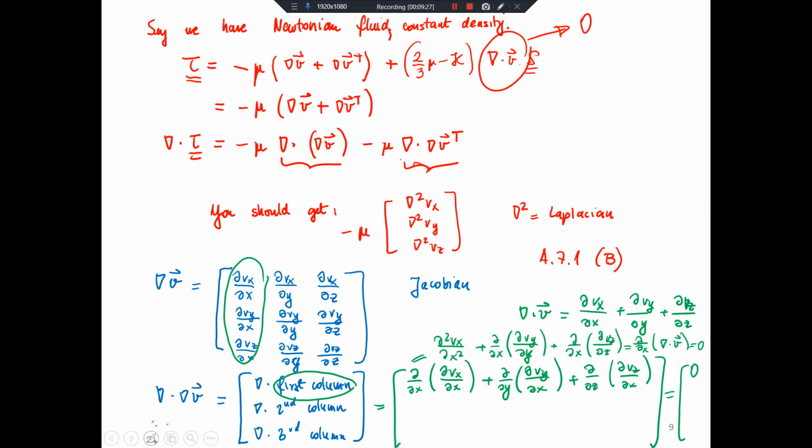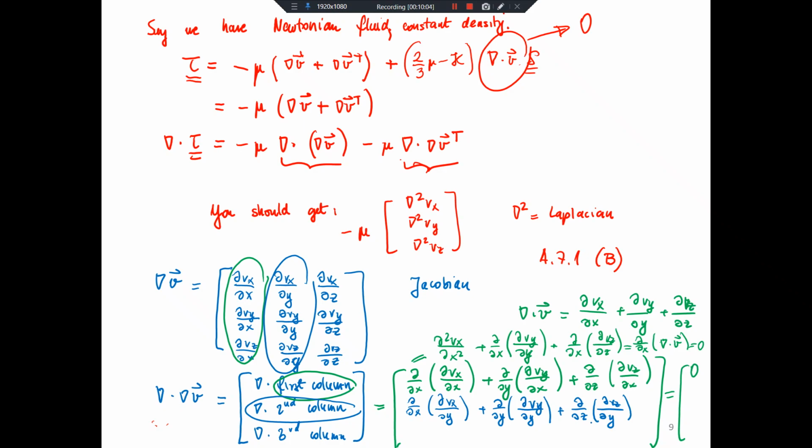Now if I repeat things for the second column, and I have picked blue color, oh well, then by the same analysis I will have d dx of dvx dy plus d dy of dvy dy plus d dz of dvz dy.